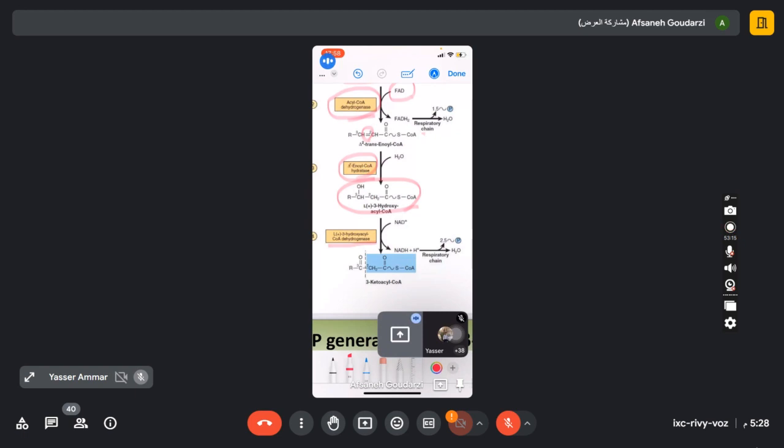By this oxidation, you see it produced this C=O on carbon number 3. So it is known as 3-keto acyl-CoA, because on carbon number 3 we have a carbonyl group instead of a hydroxyl group.